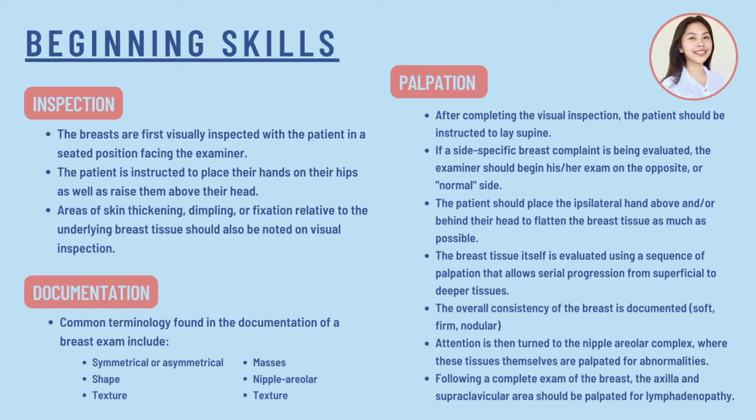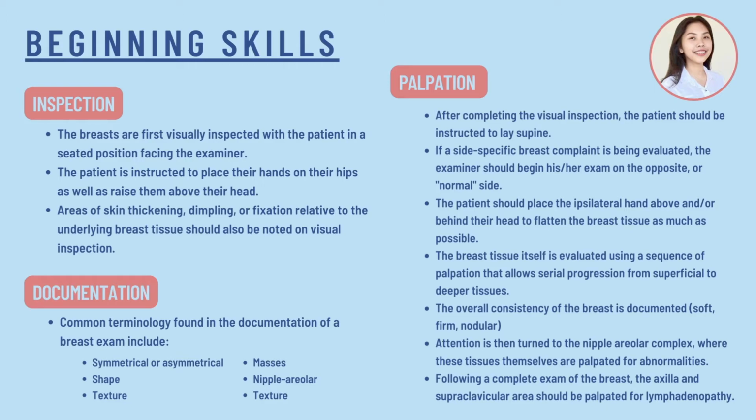For palpation, after completing the visual inspection, the patient should be instructed to lay supine. If a site-specific breast complaint is being evaluated, the examiner should begin his or her exam on the opposite or normal side. As one breast is examined, the other is covered for the patient's comfort.